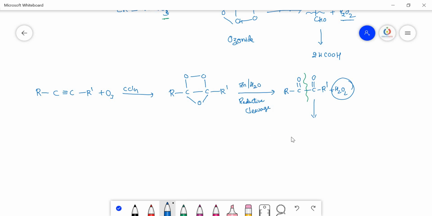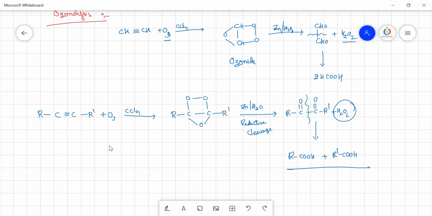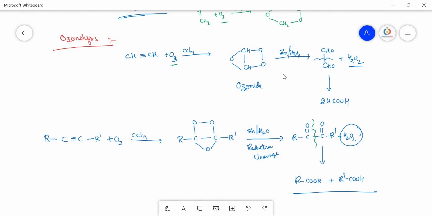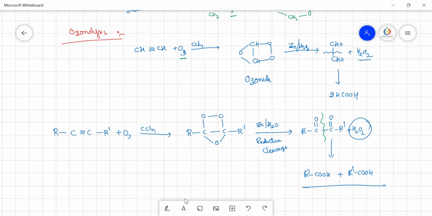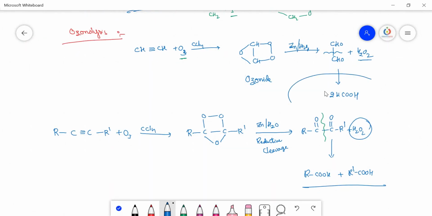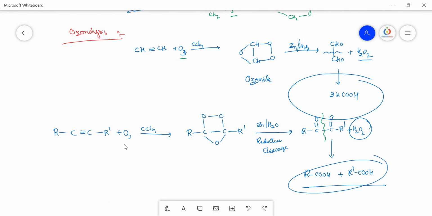So we get RCOOH plus R dash COOH. That's the reason why, whenever you are taking alkyne molecules, whether you follow reductive ozonolysis or oxidative ozonolysis, the final compounds are carboxylic acids. So these are the carboxylic acids which we are going to obtain mainly.